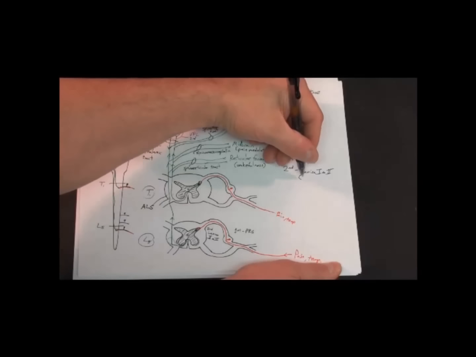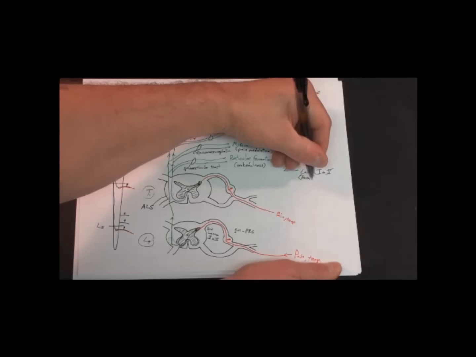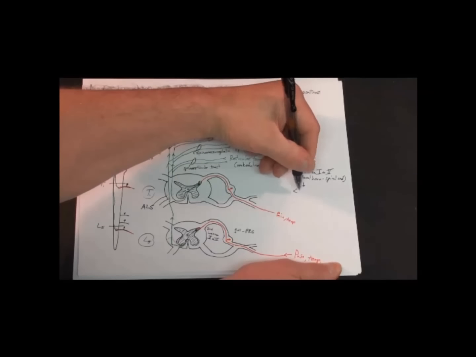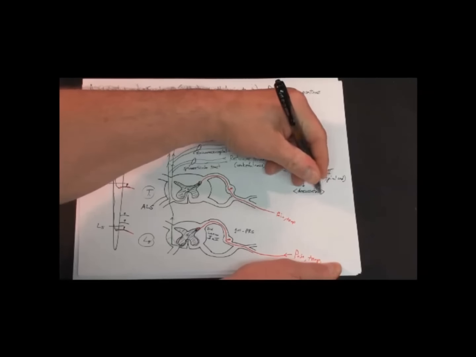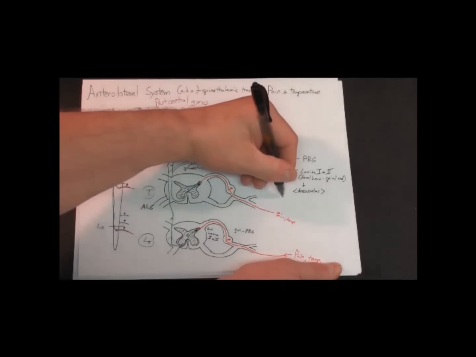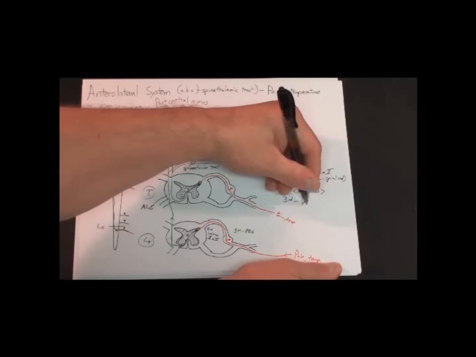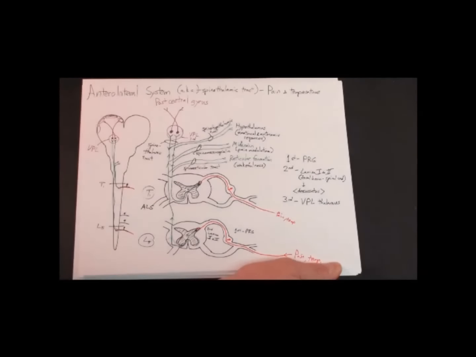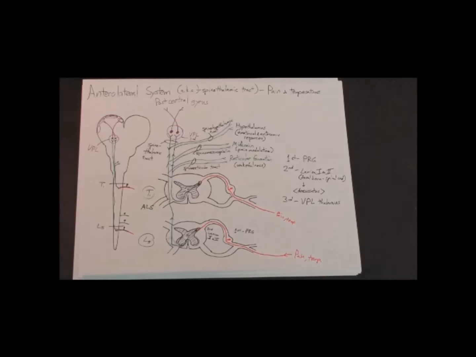And again, that's a massive simplification of the dorsal horn of the spinal cord. And at that point, it decussates pretty much immediately, anteriorly in the spinal cord, heads up in the anterolateral aspect of the cord until it reaches the VPL thalamus, where the third order cell bodies are located, synapses with those, and then heads up to the cortex to be interpreted, understood, and taken care of.